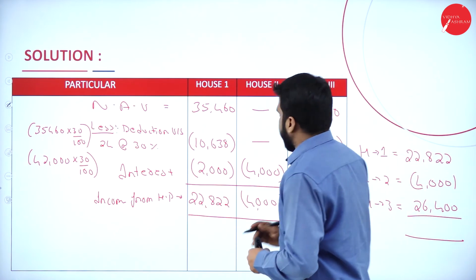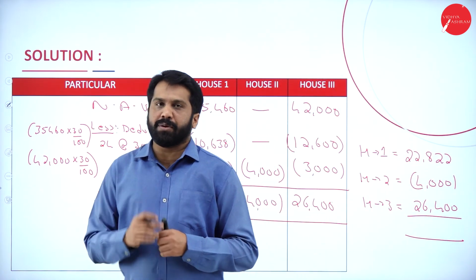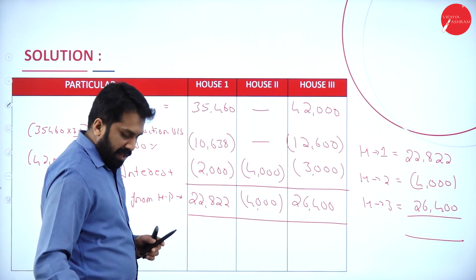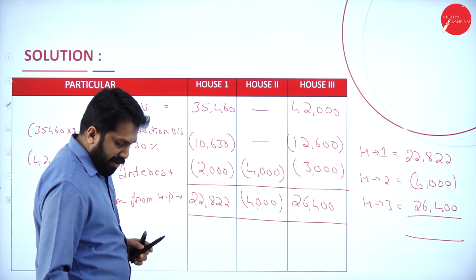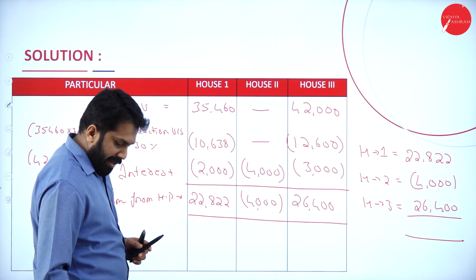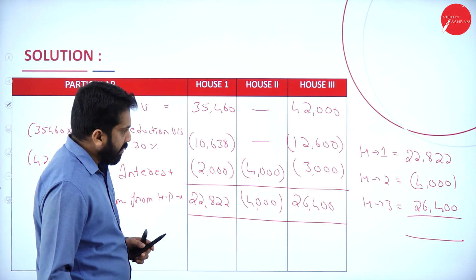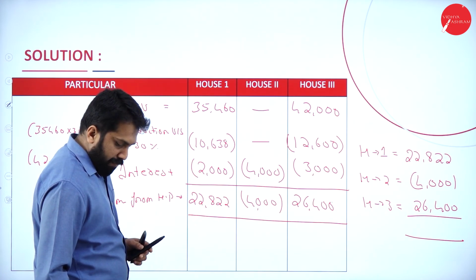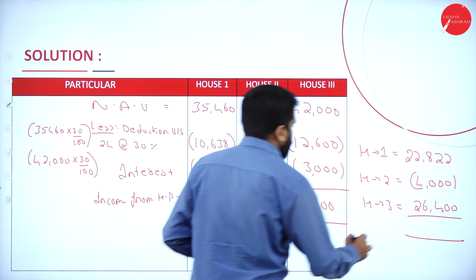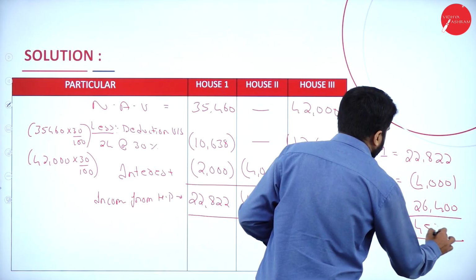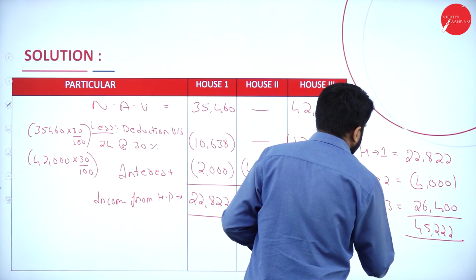So if you add or less everything, you will get your final answer. Now, this will be 22,822 minus 4,000 plus 26,400. Your final answer, 45,222.